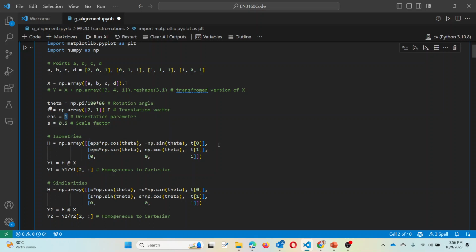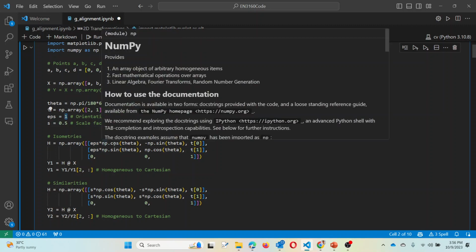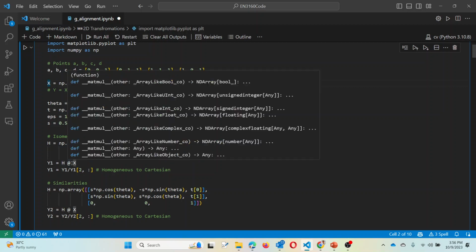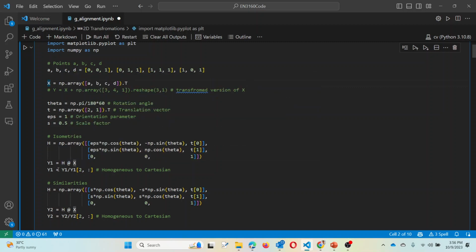So what I do is I define this transformation matrix, what you saw on the slides: cos theta, minus sin theta, sin theta, cos theta, and 0, 0, 1, and tx and ty over here. When you multiply this set of points x, there are 4 points there, with H pre-multiplied, then you will get y1. To get the Cartesian coordinates back, you have to divide this by the last row.